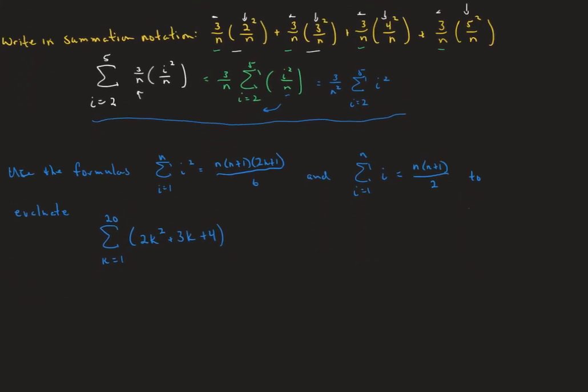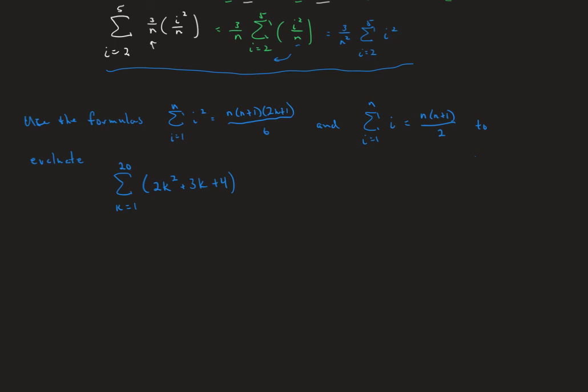Okay, now we're going to do a different kind of problem here. So now this is a formula we have seen before. It's for the sum of the squares. This is a similar formula that tells you how to add a bunch of numbers together. So for example, suppose we wanted to go I going from 1 to 100. So the sum of I, that's saying what's 1 plus 2 plus 3 all the way out to 100.